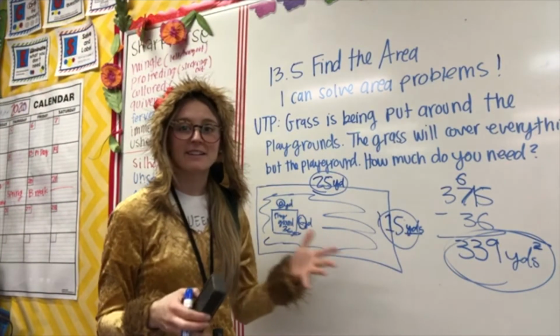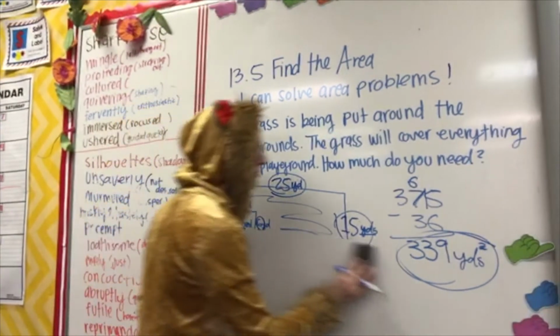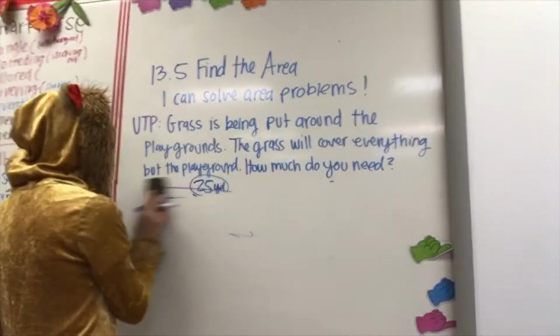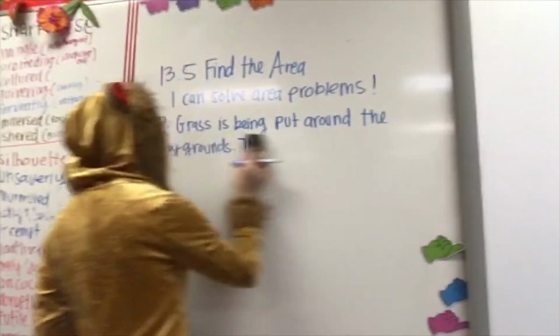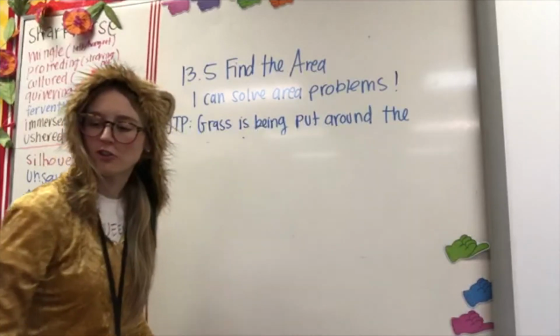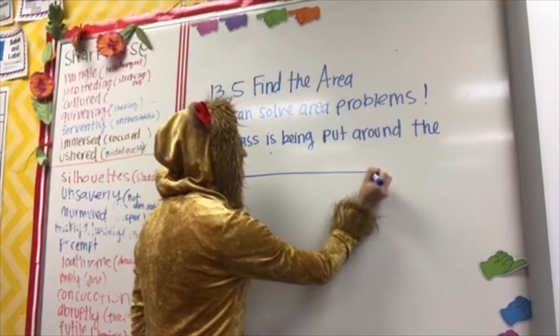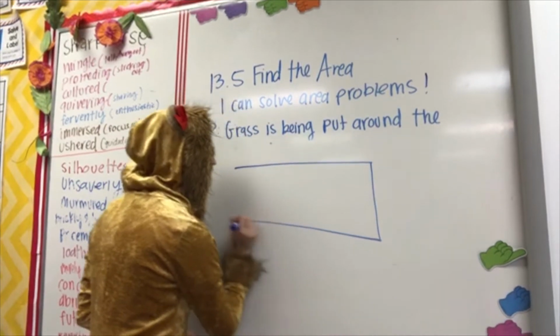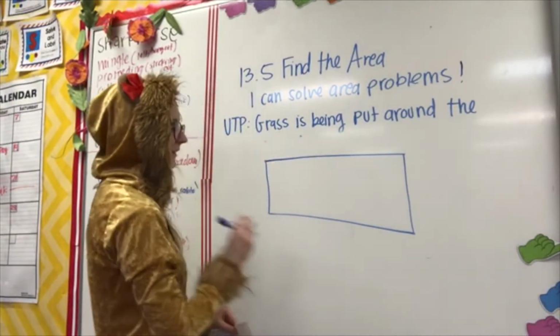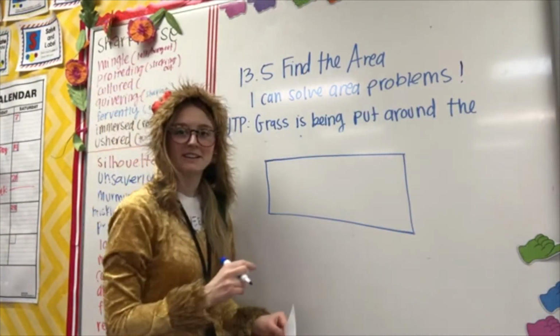Okay, let's try another one. If you need to rewind it, remember you always can. Okay, let's do another one. Let us do, not a word problem, let's just look at a shape. So, if I had this shape, a nice rectangle. Lucky for us, they're always going to be rectangles, even if Miss Gillette's aren't perfect rectangles.